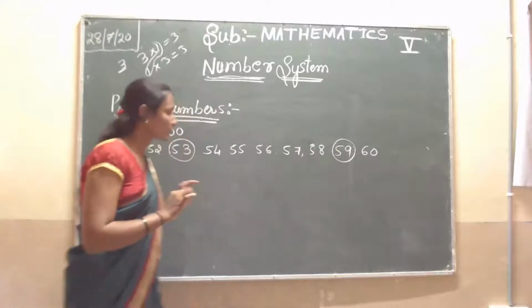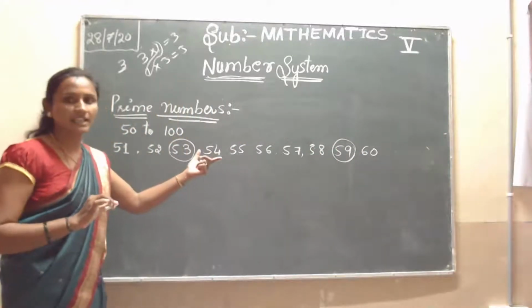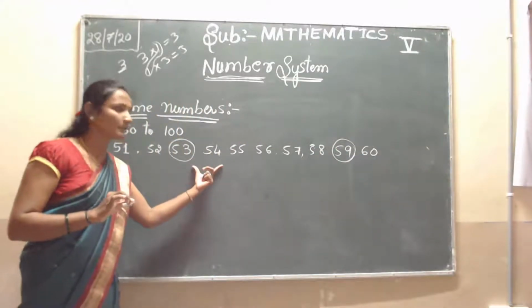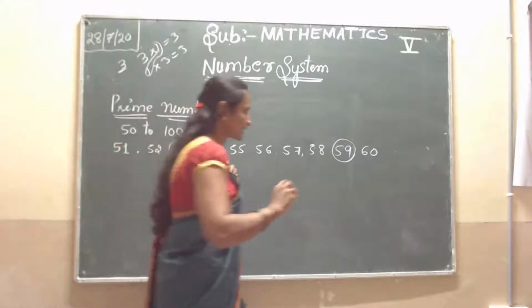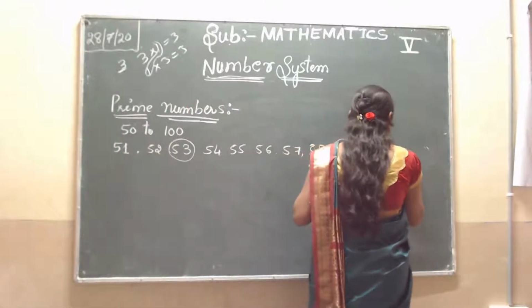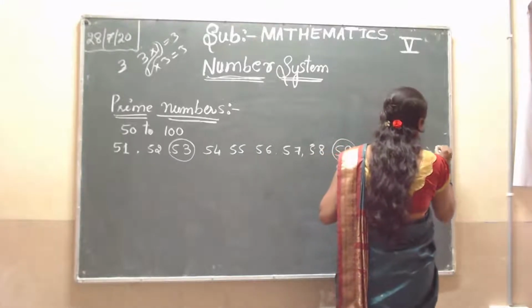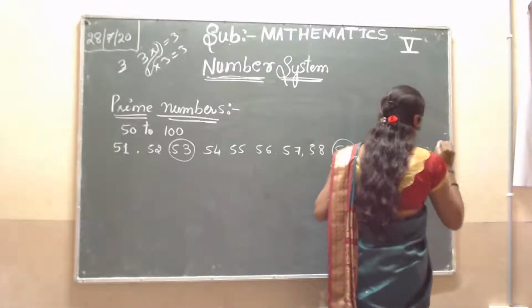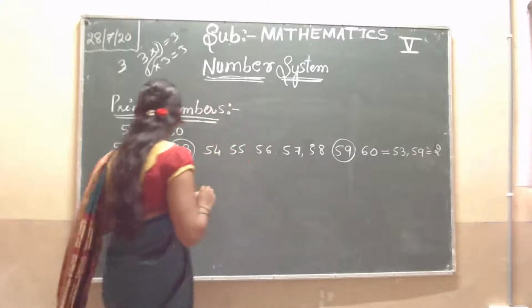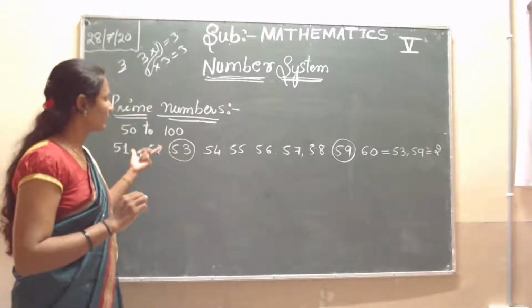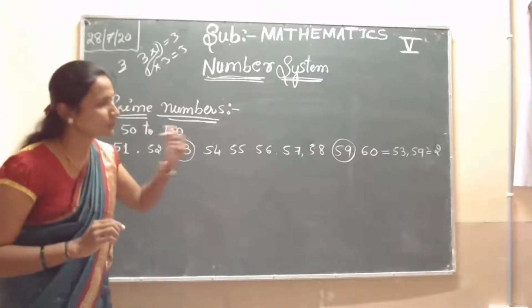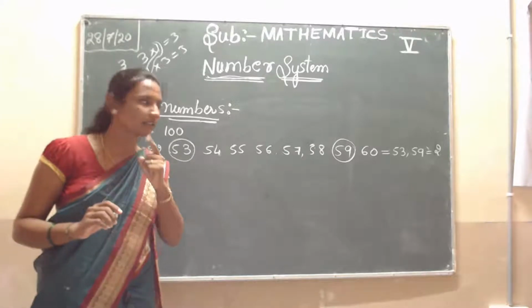Students, between 51 and 60, how many prime numbers do we have? Two prime numbers, 53 and 59.